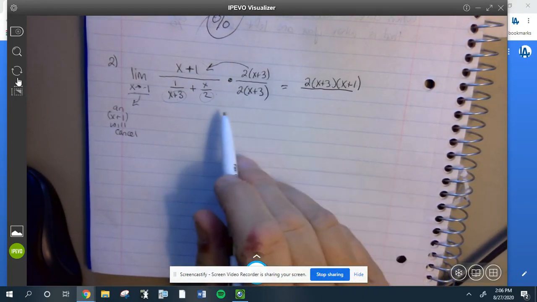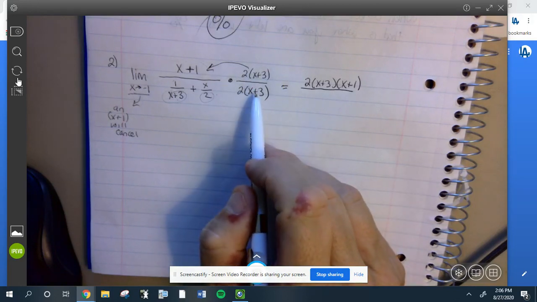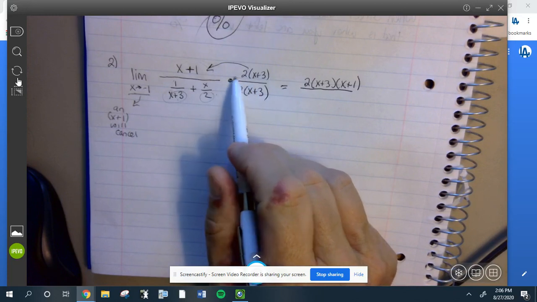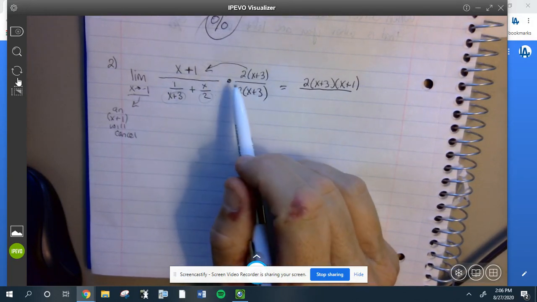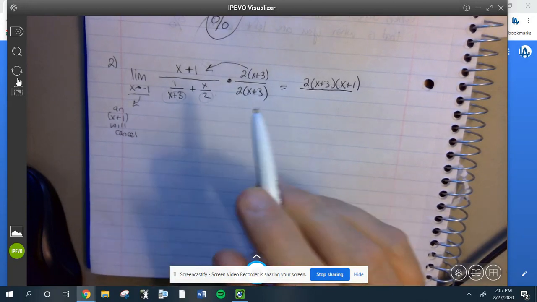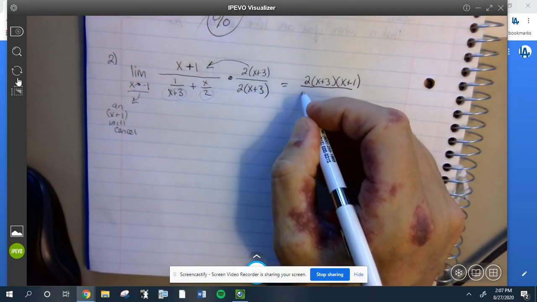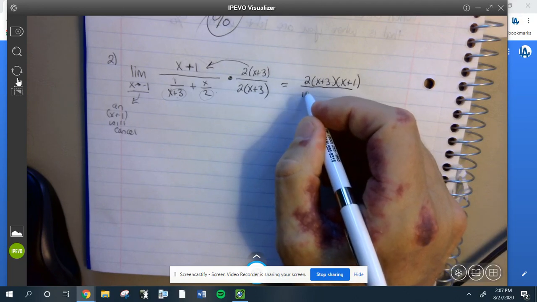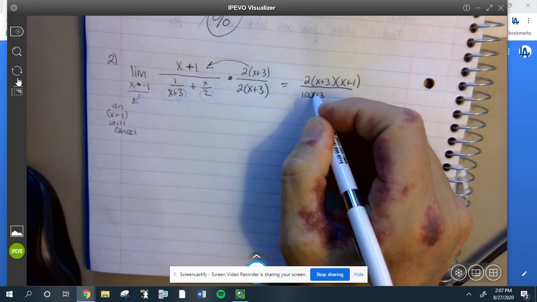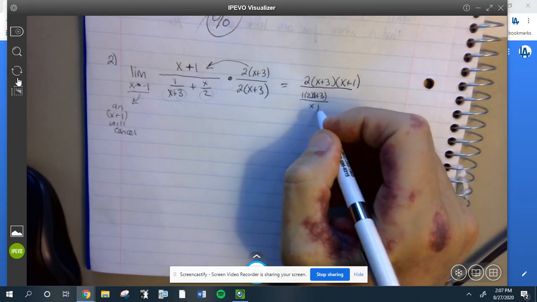You don't have to show this next step, but I want to make sure everybody sees what's actually being done. Distribute this to this fraction and then this fraction. So it would turn out to be something like this: 1 times 2 times x plus 3 over x plus 3.